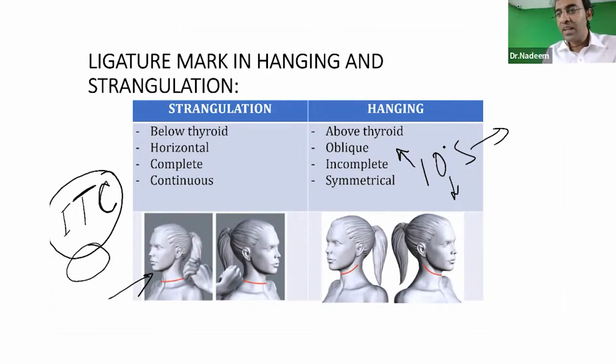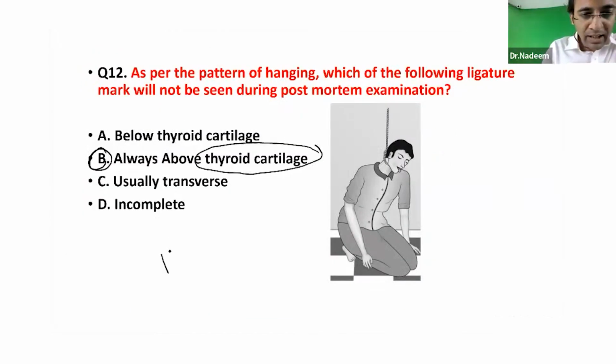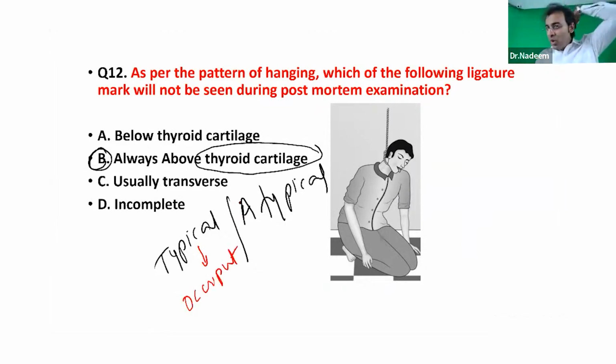How to differentiate typical hanging and partial hanging? Now the question is, what is the meaning of typical hanging and atypical hanging? Can you answer me? Whenever a knot is placed exactly over the back of the neck, centrally over the occiput, that is typical.